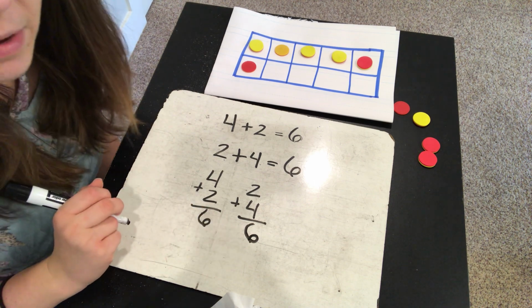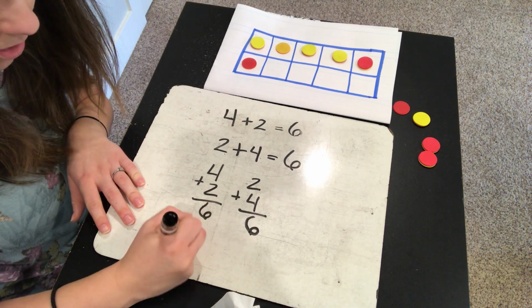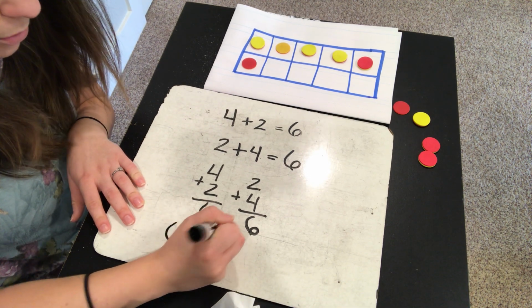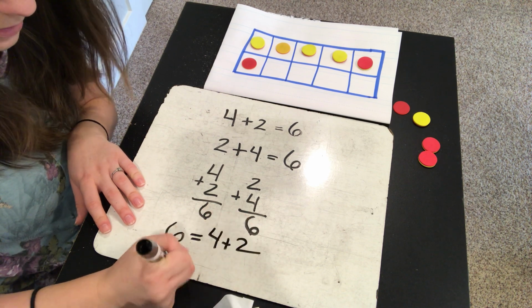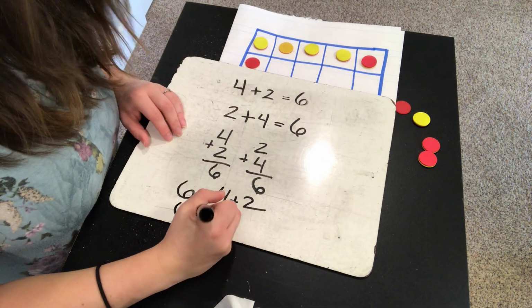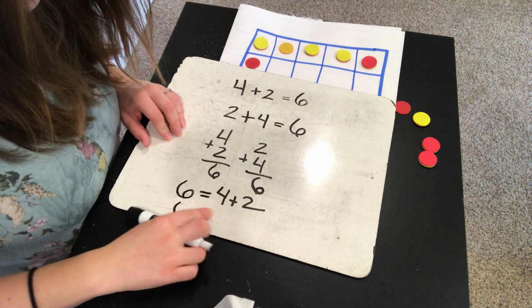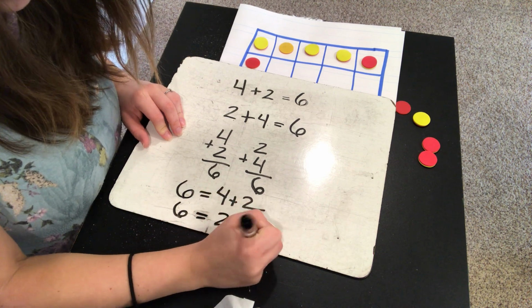One other way I can write it that you don't normally see, I could put the sum first. So I could say 6 equals 4 plus 2. Or 6 equals 2 plus 4.